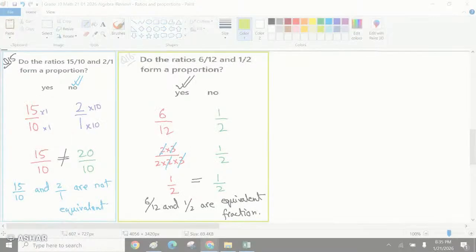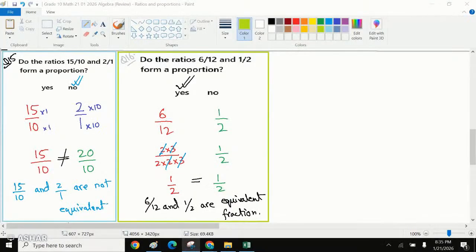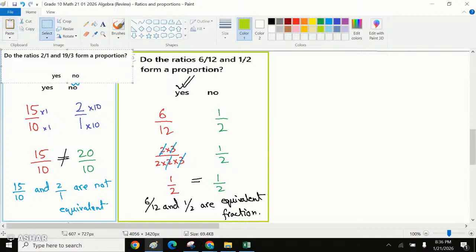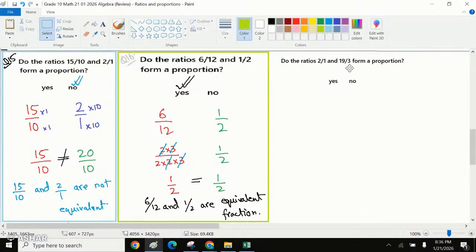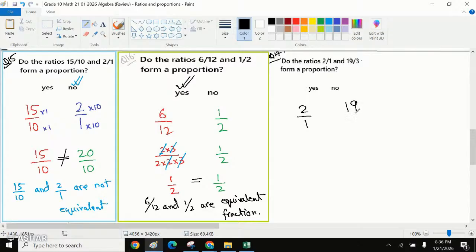The next question: do the ratios 2 upon 1 and 19 upon 3 form a proportion? 19 is already a prime number, right? I'm giving you the answer sometimes so that when you are reading a question in your examinations, just by reading it, you should know that it's a prime number. So we cannot divide this by any other number. Can 19 be divided by 3?